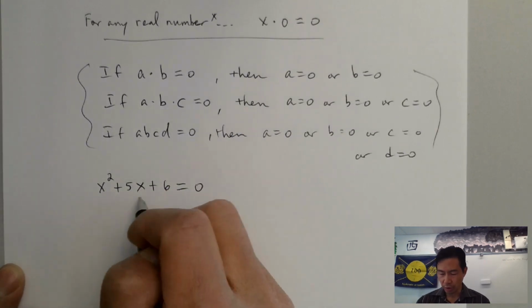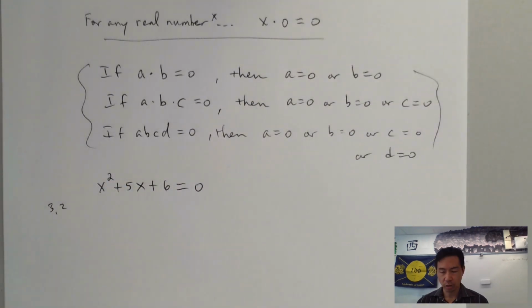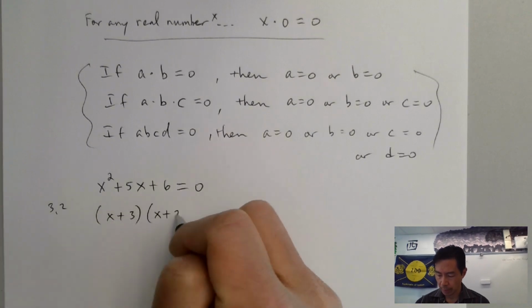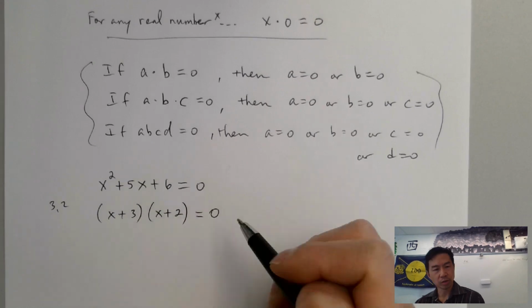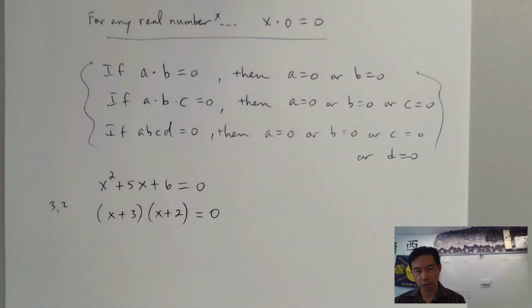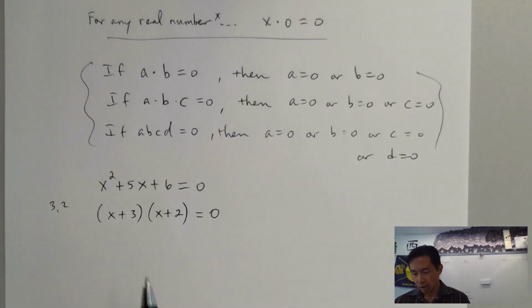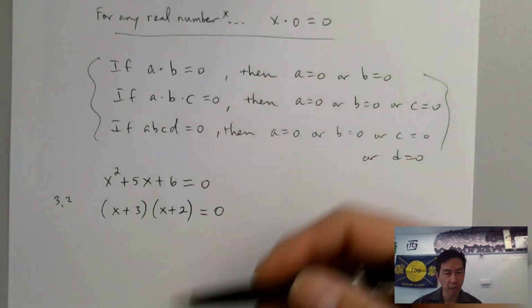So when I find the winners, 3 and 2, that allows me to go straight to the factored form, x plus 3 times x plus 2. And that product equals 0. Now when we're factoring, you've got to remember we're actually in an equation now. So you need to copy the equal sign and then copy down the 0. Okay, we're in equation solving mode.